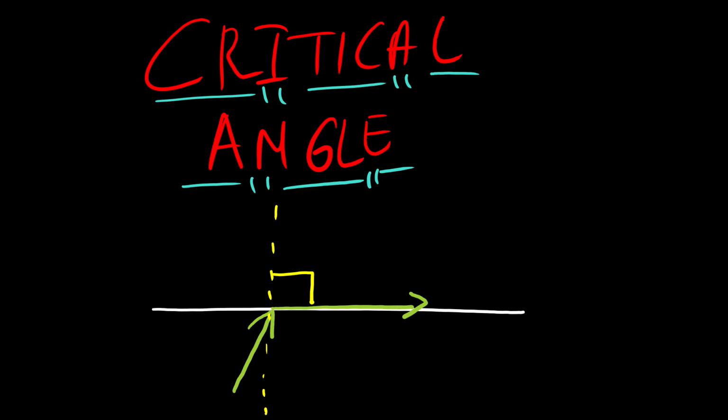Now we should understand this critical angle. Critical angle is the angle of incidence in the optically denser medium for which the angle of refraction in the optically less dense medium is 90 degrees.